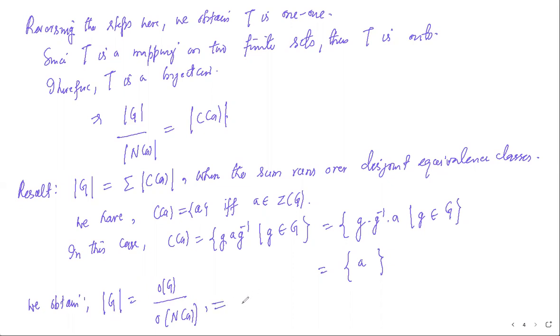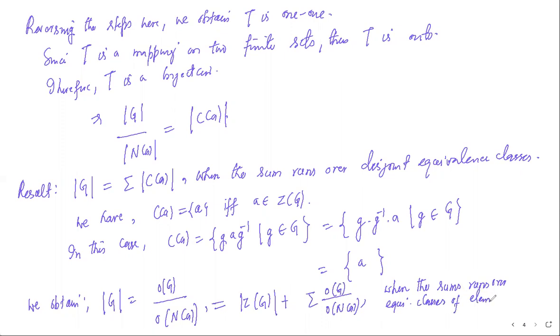But this can also be written as order of the center of G plus summation order of G divided by order of N of A, where the sum runs over equivalence classes of elements of G that are not in Z of G, that are not in the center of G.